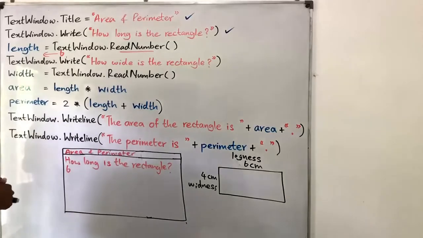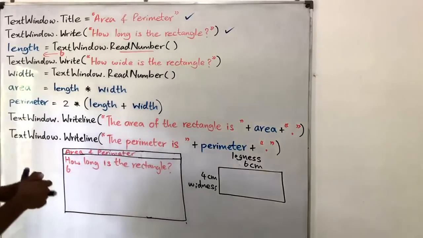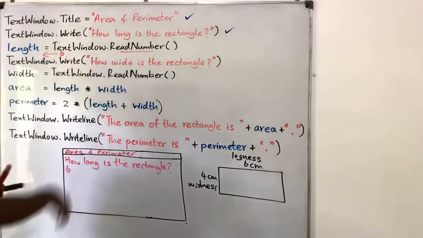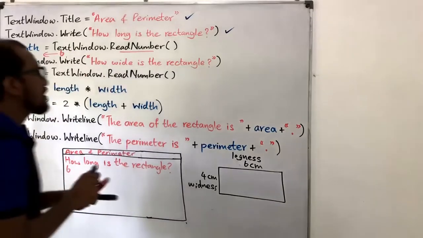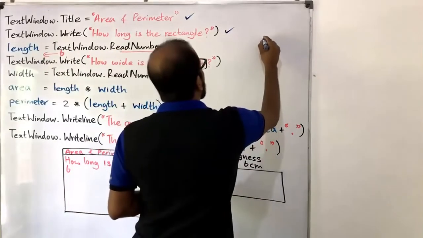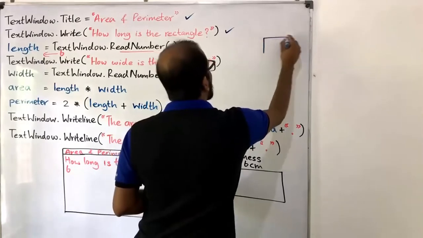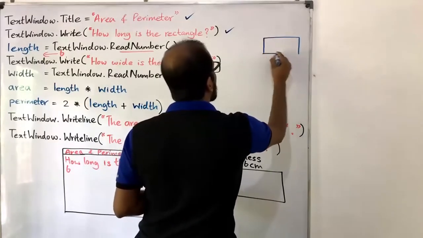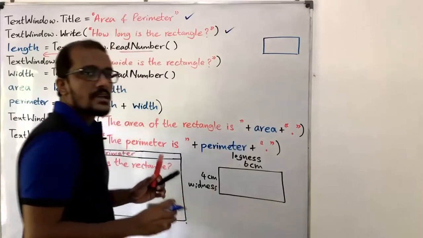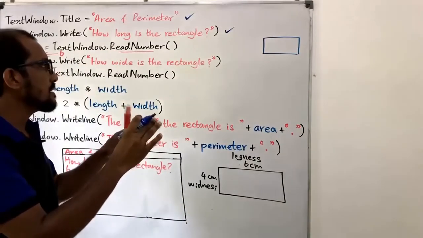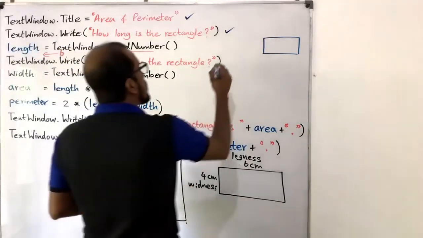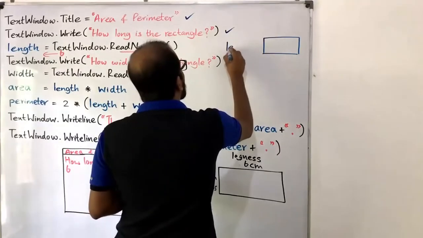So in the RAM, when this statement is executed, a memory space, we call it a bucket, is created under the name length.